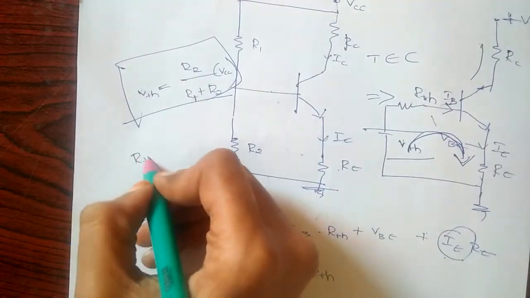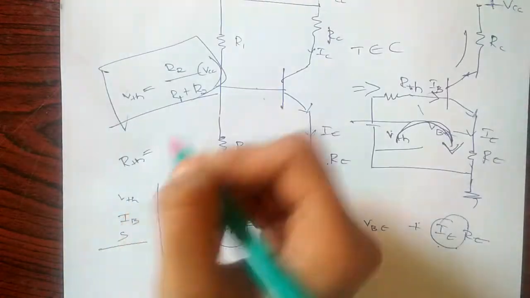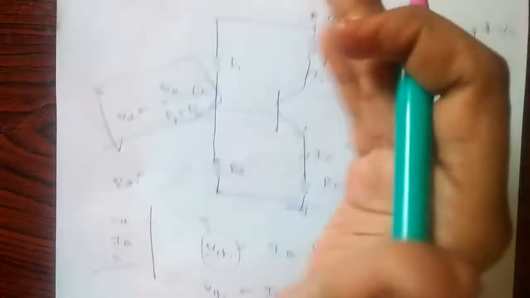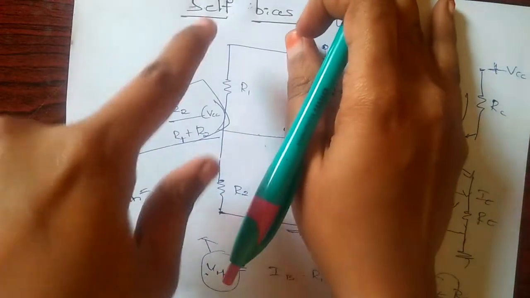And RTH, the Thevenin equivalent resistance, is nothing but the total resistance in the circuit, I mean on the input side I am talking about.